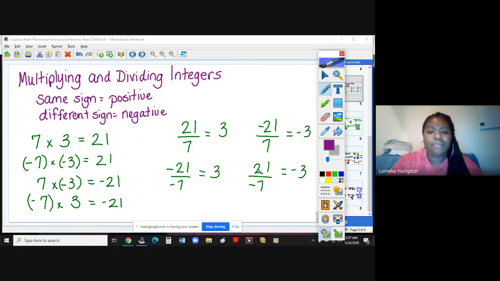I also have a positive 21, and I am dividing that by negative 7. So at the top, I have a negative divided by a positive, and here I have a positive divided by a negative. Both of my answers are negative 3.